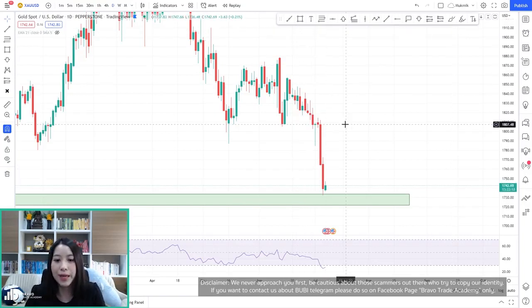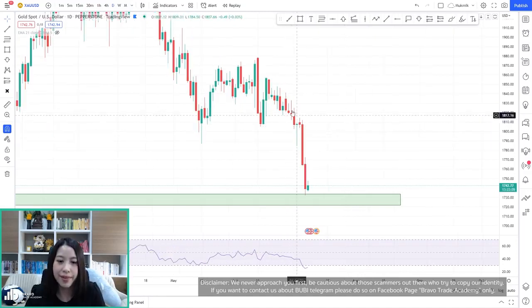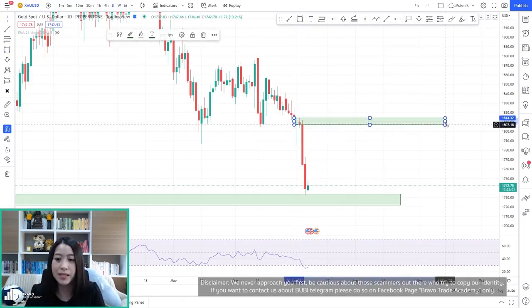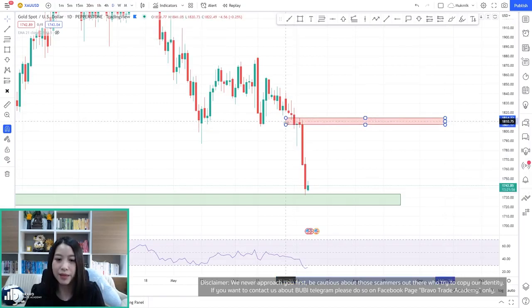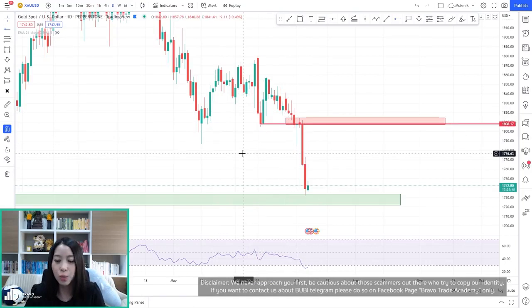So where could we go for a sell in this daily time frame? I would say this supply zone, but this is a bigger time frame, so we do need to drop down a few time frames to get a more precise zone. This zone is really beautiful. We do have this resistance as well, which is going to be at around 1810.